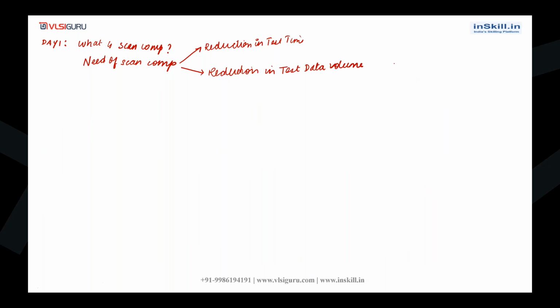So how, if you go for scan compression, are you able to achieve reduction in test time and reduction in test data volume? How are you actually able to do that?